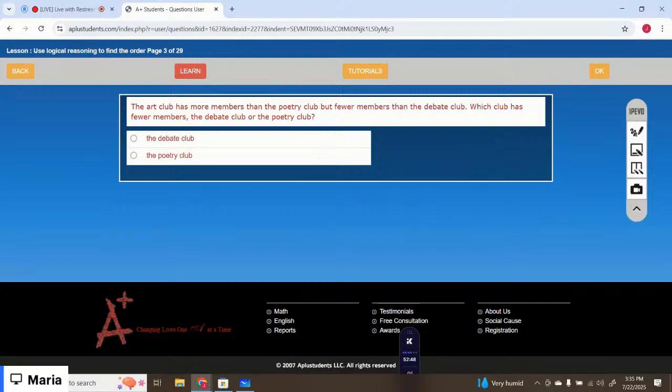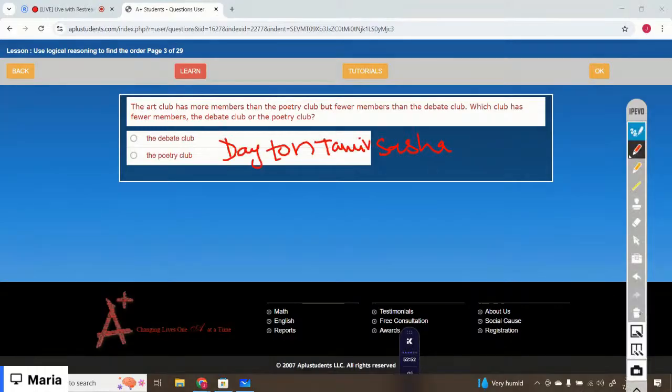The art club has more members than the poetry club. Art club has more than the poetry club, but fewer members than the debate club. So the art club has fewer than the debate club. Which club has the fewest members, the debate club or the poetry club? So which is the correct option?